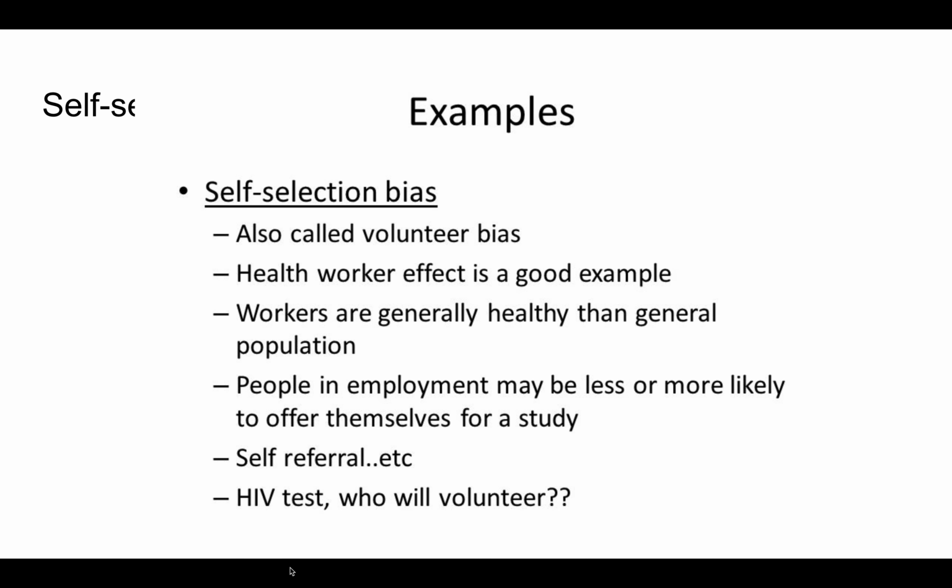And another bias is called self-selection bias or volunteer bias. So for example, let us say that we are conducting a study on exercising, and we post the survey on our social media telling people we are conducting research on exercising.